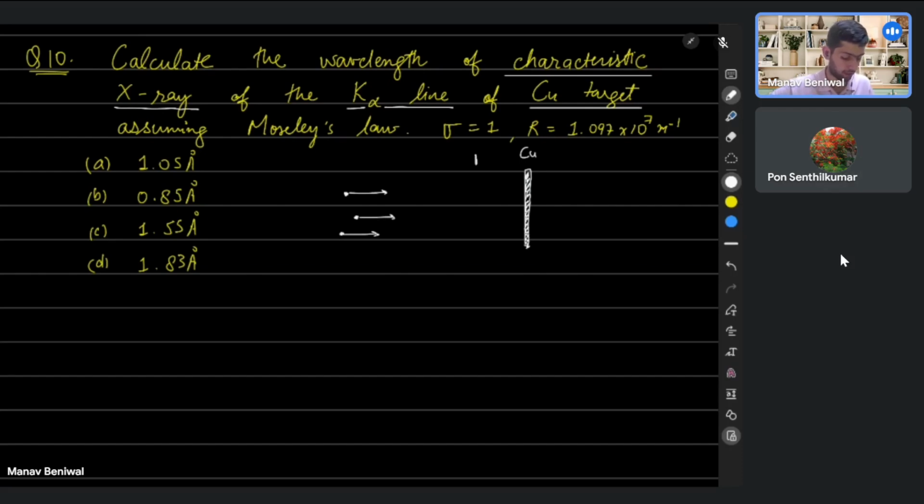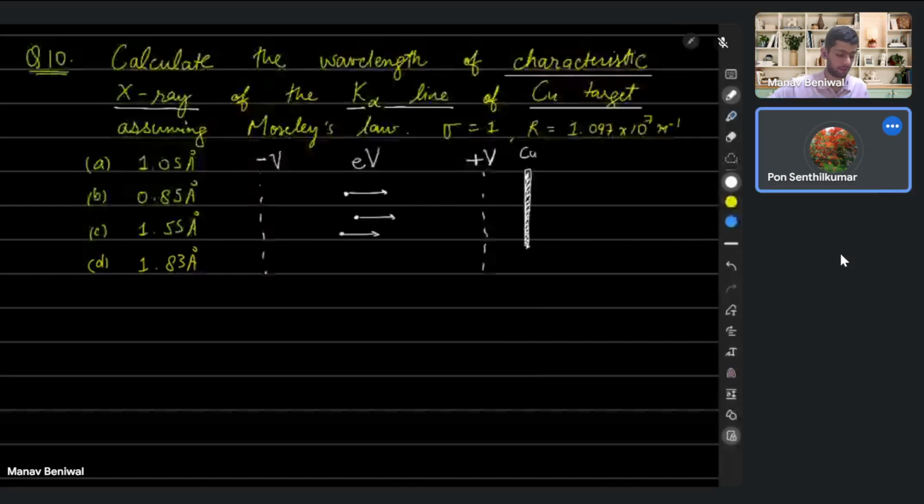This is plus V, this is minus V. Then these electrons get accelerated and gain some energy, eV, and then they go and hit this target.